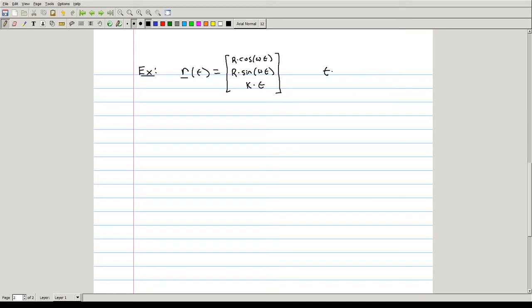For t, start with t at 0, and then allow t to be any positive real number.